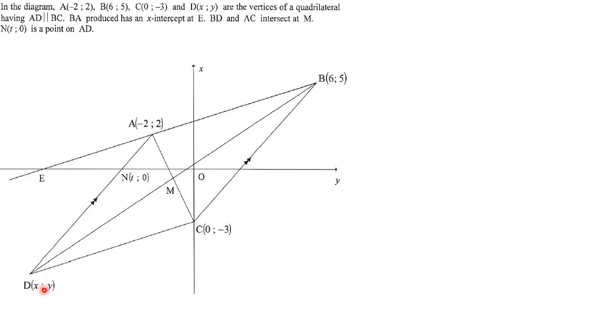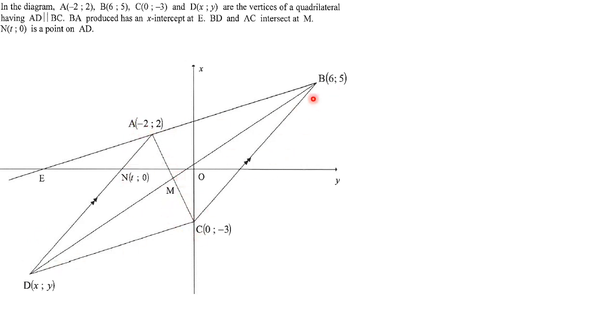So by default, if a question says we should calculate the value of x and y, we already know that x must be negative and y must also be negative. And because AD is cutting the x-axis on the negative side, it means the t must also be negative.